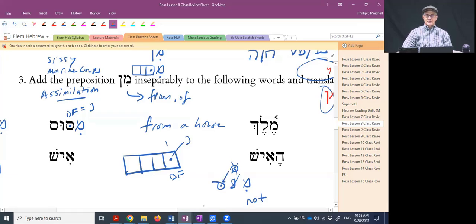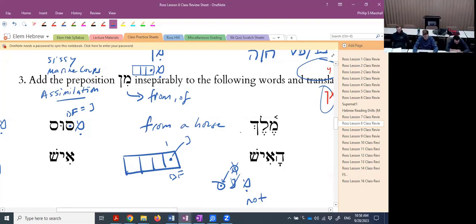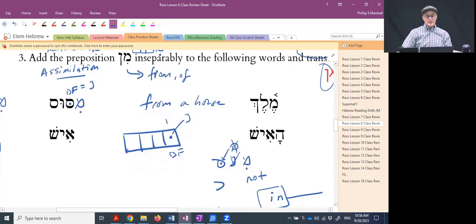That's the step. If I had a kof and I wrote min kof, what would the noon become? The noon becomes a kof, but then I don't write the kof twice. I just leave that single kof and put the dagesh forte there to represent the first kof that is representing the noon that's assimilated.